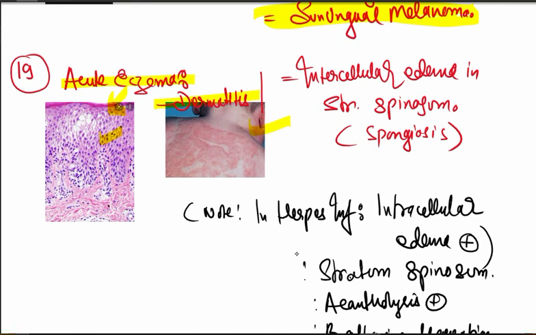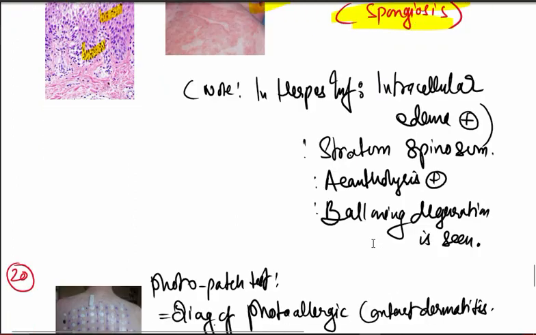This is filled with fluid, so intercellular edema is present in this condition, in the stratum spinosum, also known as spongiosis. In other conditions, infectious conditions like herpes infection, intracellular edema is present, also inside the stratum spinosum. Acantholysis is seen in herpes infection, and ballooning degeneration is noted.